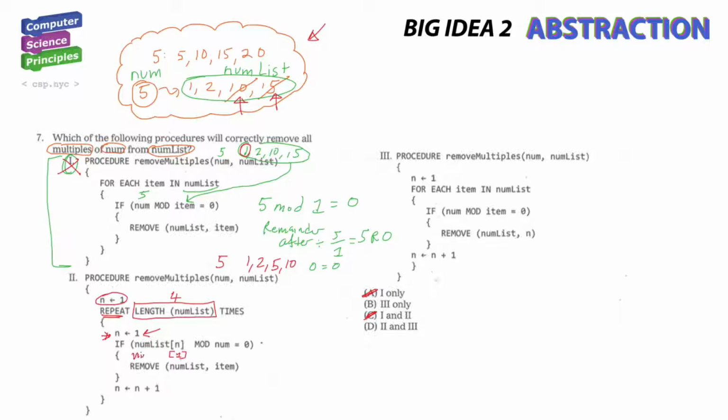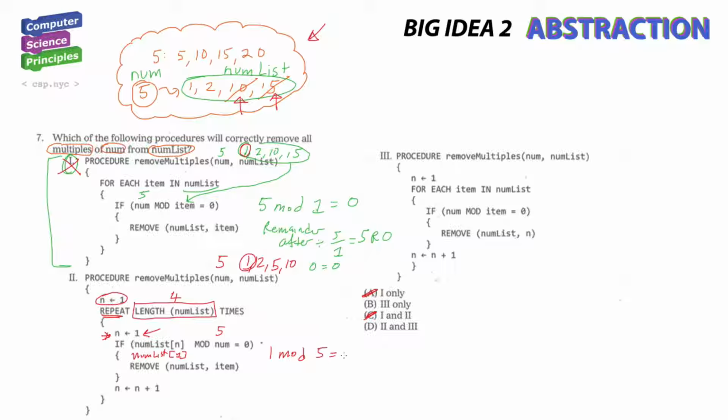Let's think about what this means. Num list, bracket 1. This means the value of item 1 in num list, which in this case is 1. And it says if 1 mod number, well, num is the 5, right? Num is the 5 because that's the number for the multiple that we're looking for.